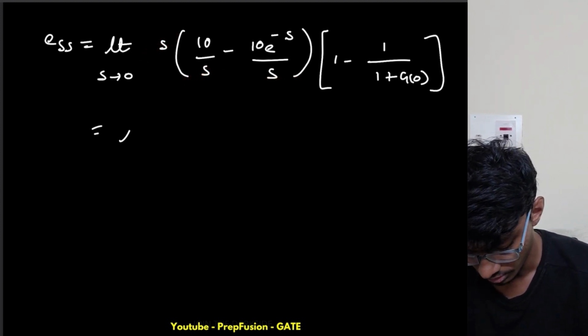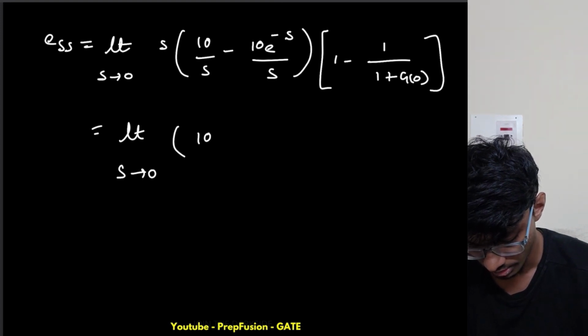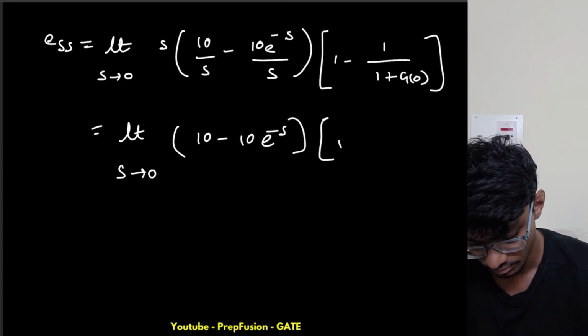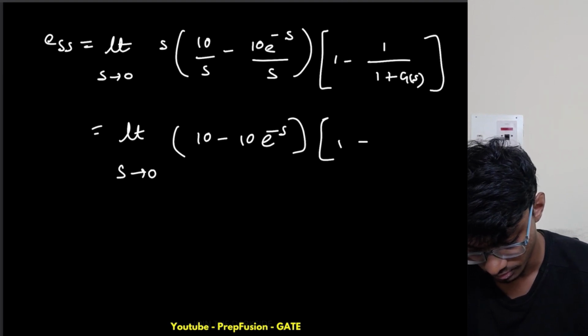This is limit s equals to 0. This will become 10 minus 10 e raised to power minus s. And here, sorry, this is not g of 0, this is simply g of s only. Now this is 1 minus 1 plus g of s.